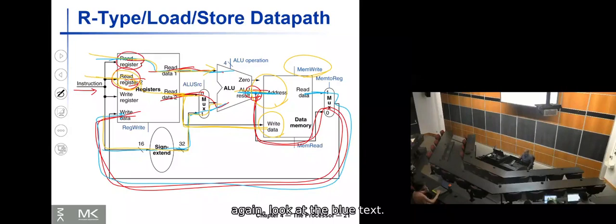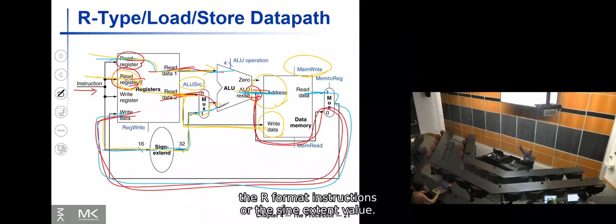Again, look at the blue texts. These blue texts are the control signals. For example, here you have ALU source. This ALU source says which source, either coming from the register for the R format instructions, or the sign extend value, the immediate value, coming from the I format instructions, should go to ALU for the second operand.